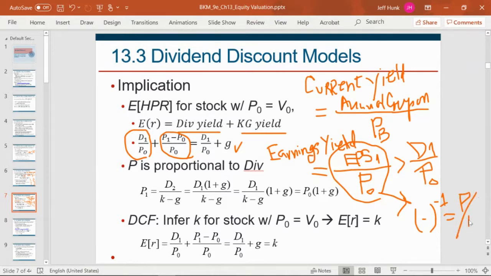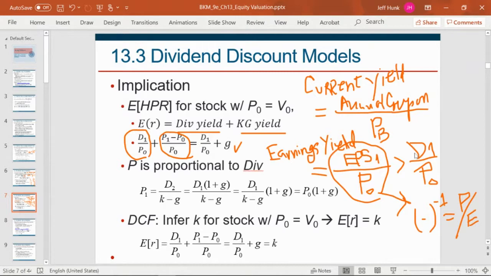Isn't that right? So the reciprocal of the price-earnings ratio is the earnings-price ratio. Yeah, in concept that's correct, but they don't call it earnings-price ratio, they call it earnings yield more.